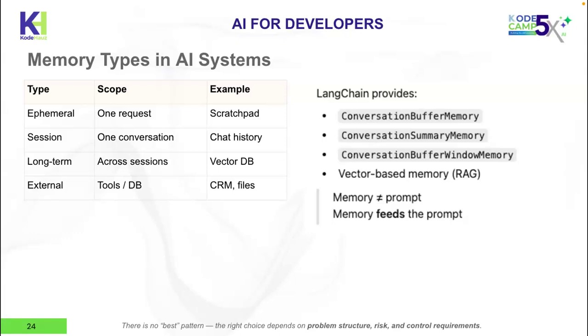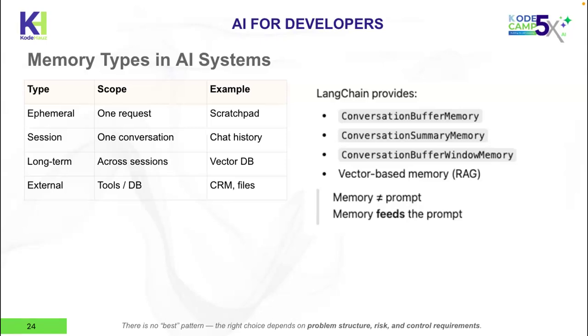And normally such memory will be stored in a scratch pad. Okay, so a scratch pad is a good example of that ephemeral memory. Then we also have a session. So a session is a single conversation, which basically means from beginning to end of a single conversation that you have had, right?